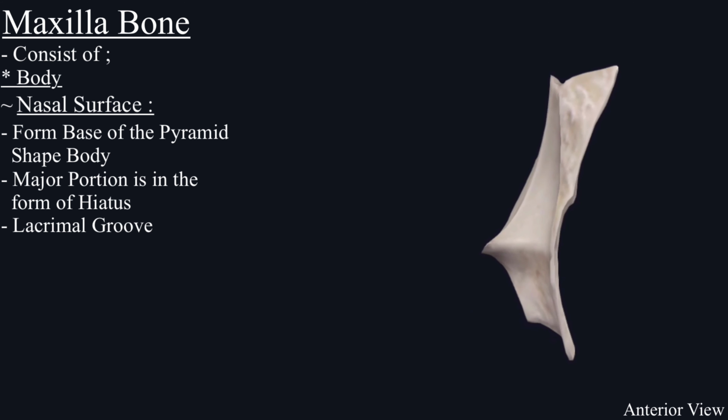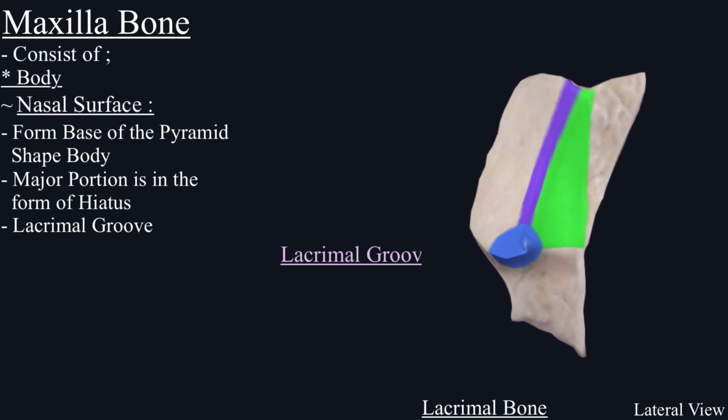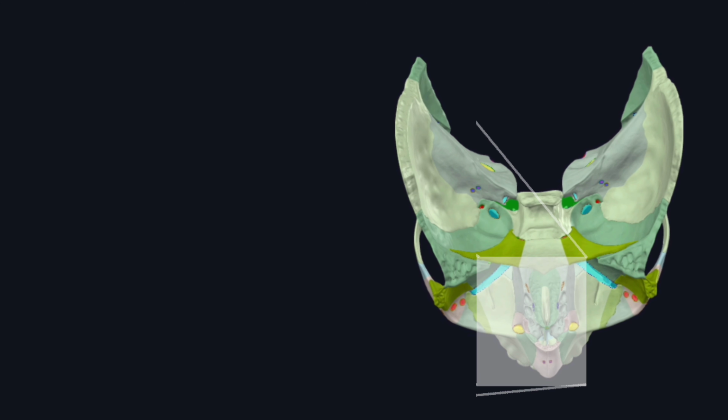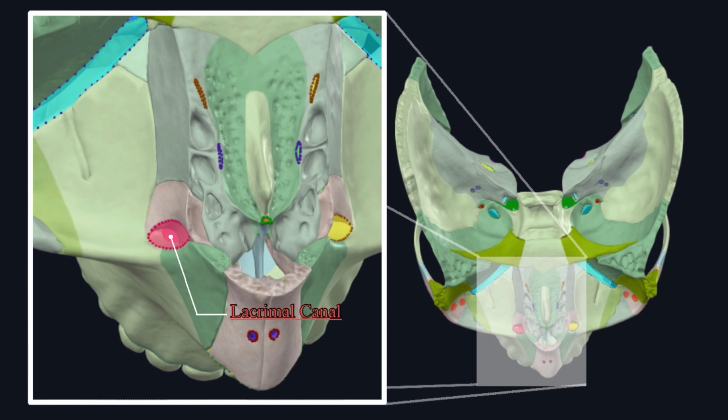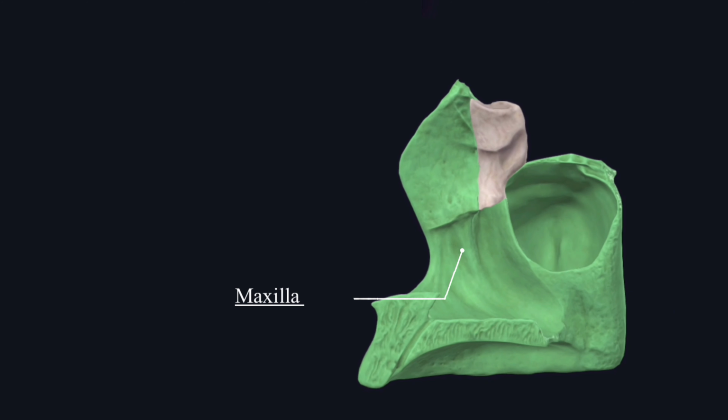This is isolated lacrimal bone. In the lateral view, this is the lacrimal groove. In this skull model, this is the lacrimal canal, and the lacrimal canal is formed by combining lacrimal groove on maxilla bone with lacrimal groove on the lacrimal bone. This is isolated maxilla and lacrimal bone.